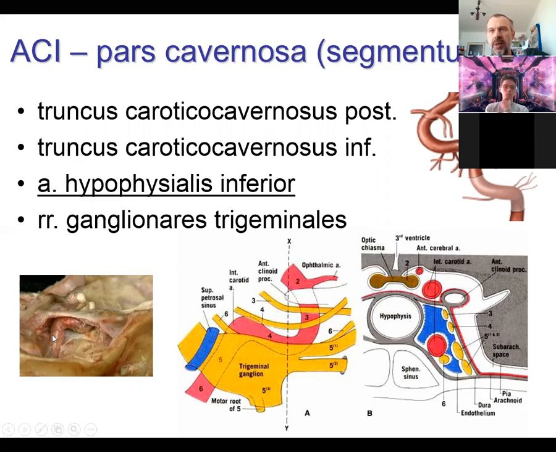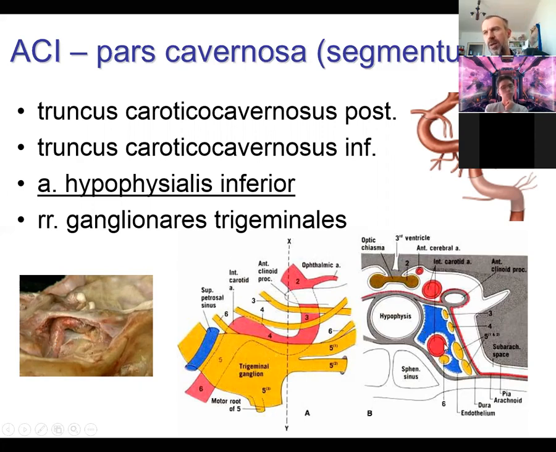Here we can see the real specimen. And here is the relationship of the cavernous sinus to the internal carotid artery. So this is a lateral view, in a sagittal plane, and this is a frontal view.